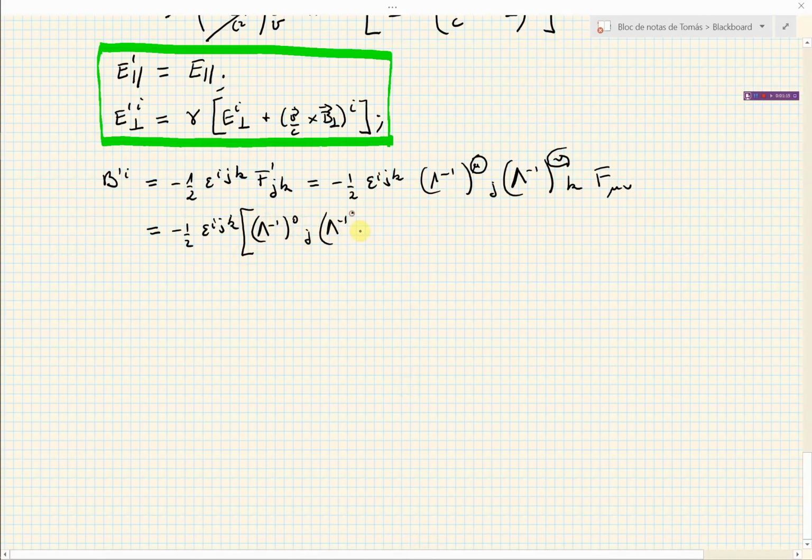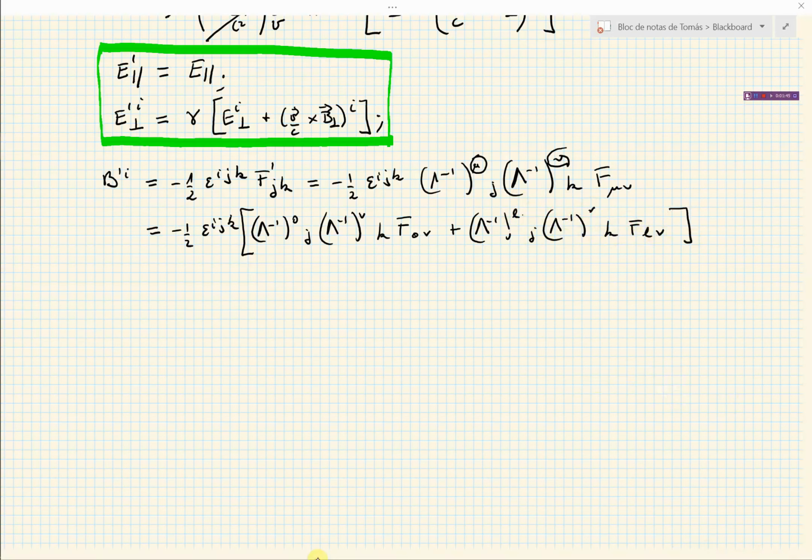This one stays as it is for the moment, we don't touch it, and we have f0 nu plus now a special index I is taken, so I use L and j lambda minus 1 nu k f L nu.